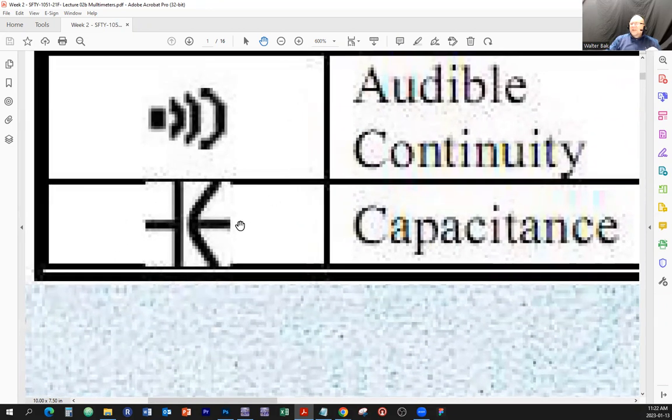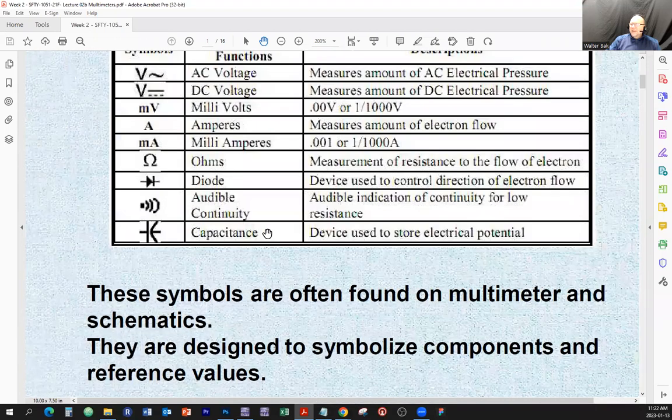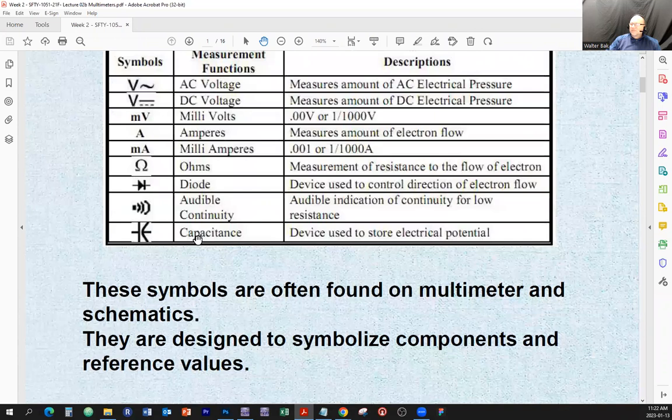Some of the meters will have a capacitor meter, so you switch that onto the capacitance meter, and there would be terminals on the meter that you can connect the capacitor to, and it's going to tell you the value of the capacitor.